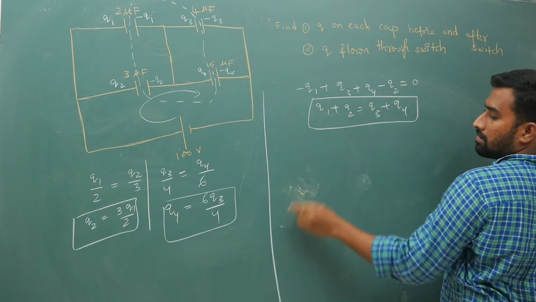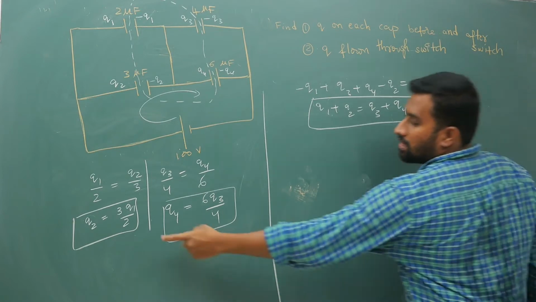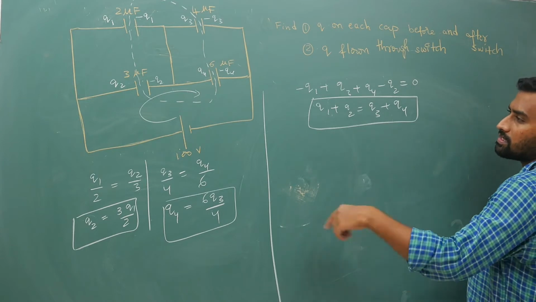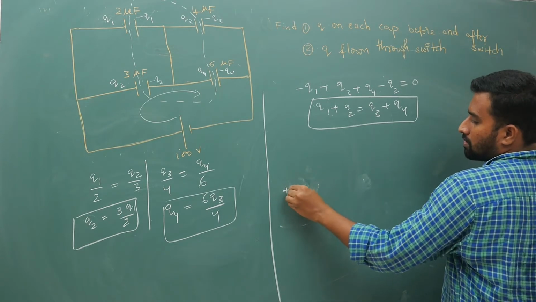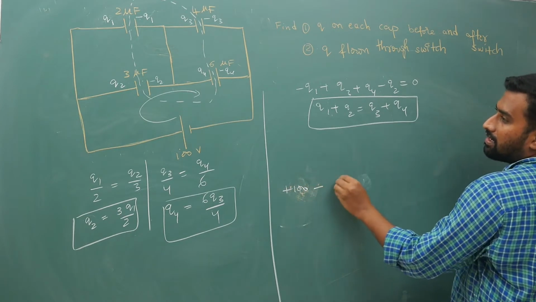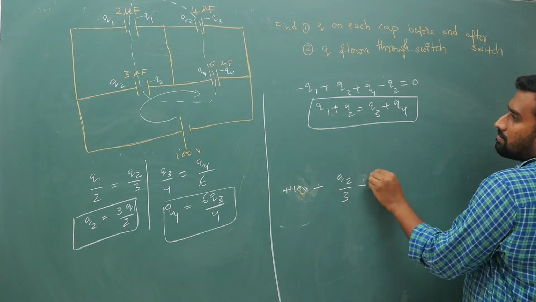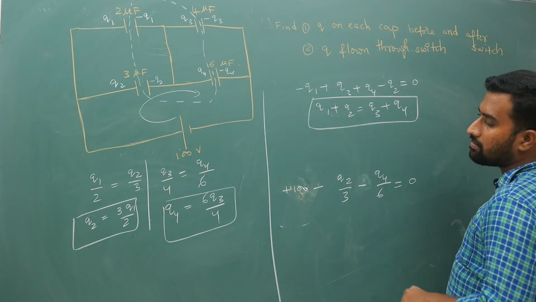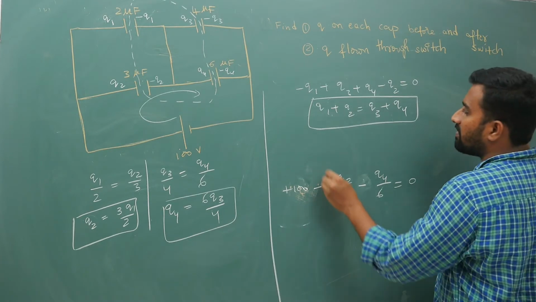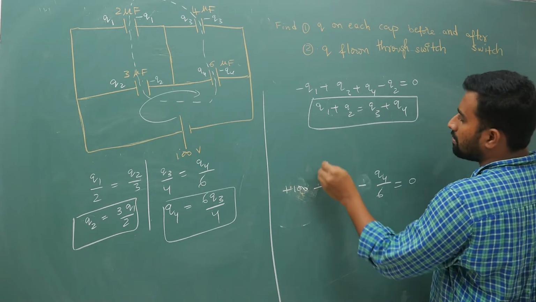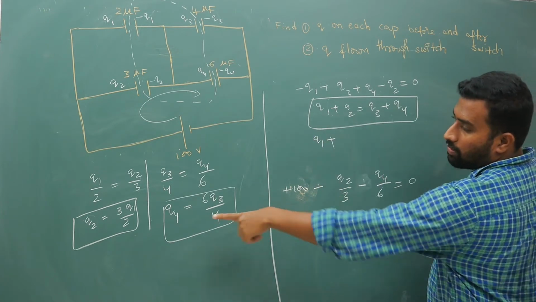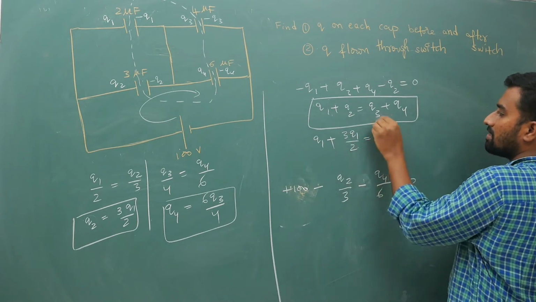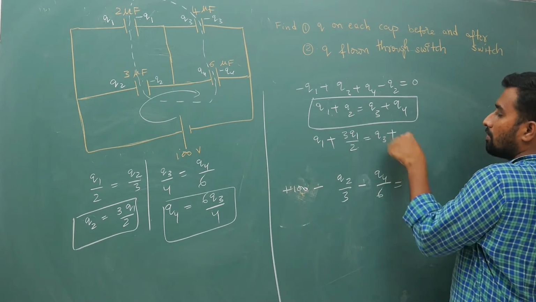So you have 4 unknowns, equation 1, equation 2, equation 3, and the fourth equation you can apply Kirchhoff's law. So your fourth equation is 100 minus q2 by 3 minus q4 by 6 is equal to 0. Four equations you have, you can solve it. So let us simplify this. I think this will work out better. q1 plus, what is q2? 3q1 by 2 from this equation, that is equal to q3 plus, what is q4?